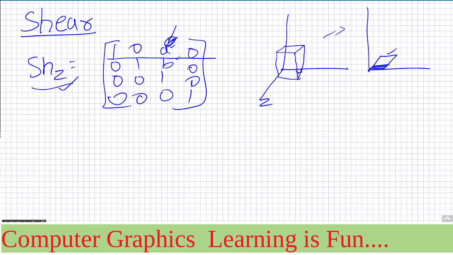X and y values for all these pixels will change in proportion to whatever the value of z was. Earlier, if the z value was small, it will have a smaller change. Okay, it will look like this.